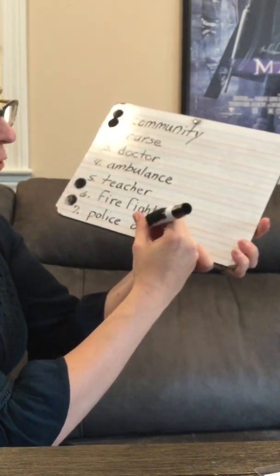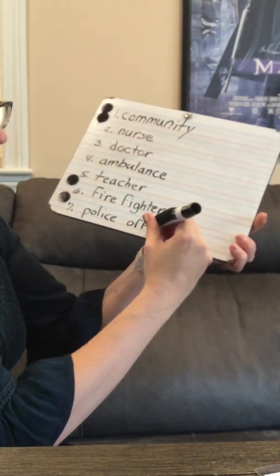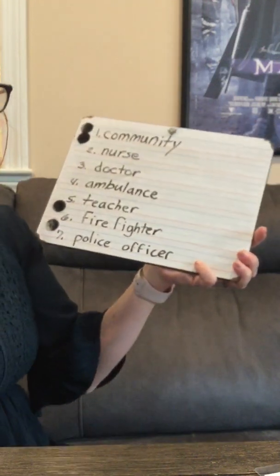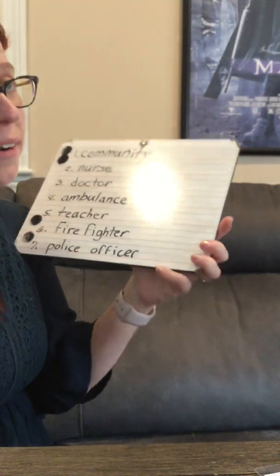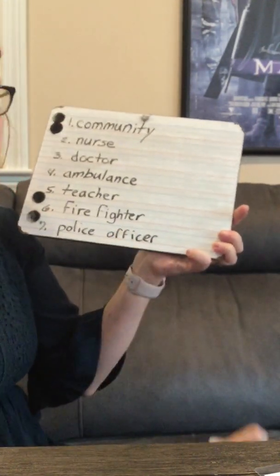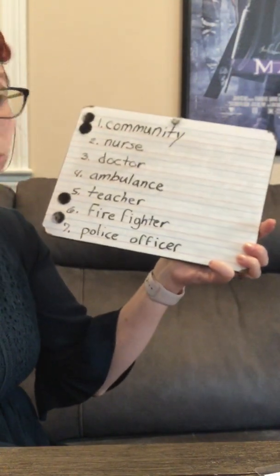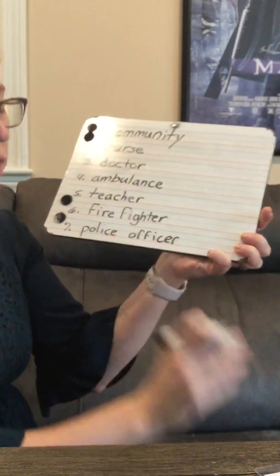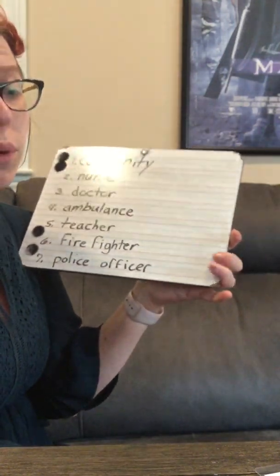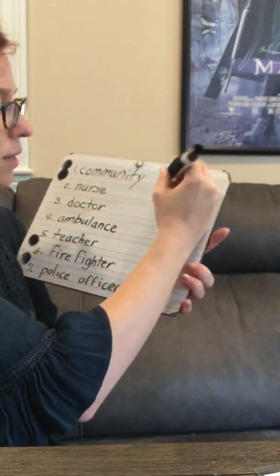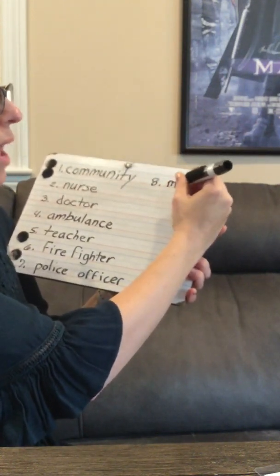O, F, F, I, C, E, R. Once again, we'd expect it to be S-E-R, but this one is C-E-R. So another memorization one. There's a lot of words here that you have to memorize. But if you get the first part of it, you can at least be able to read it knowing what it is.